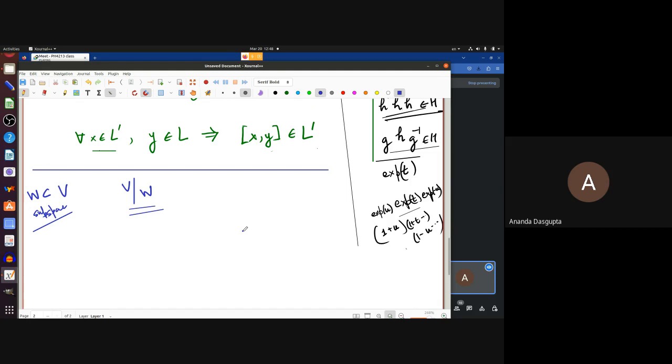We have talked about quotient groups for groups. My question is, do you know what V by W, the quotient of a vector space by another, means? Yes or no?